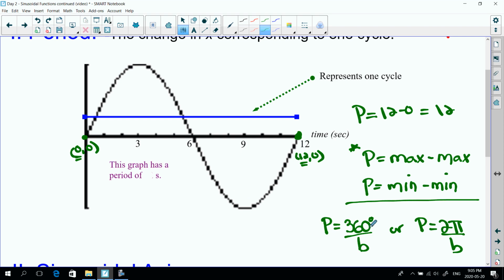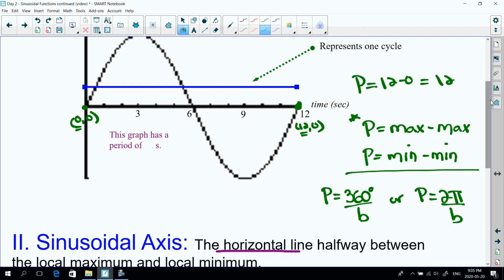Another thing to note here: if you're not given a picture of the graph, you can calculate the period by taking 360 degrees and dividing it by your b value. Now remember the parameter b tells us about the horizontal stretch. It means it would be horizontally stretched by a factor of 1 over b. Same rules apply as what we were doing before. So if you're given a picture of the curve, you can find the period by calculating the change in x.